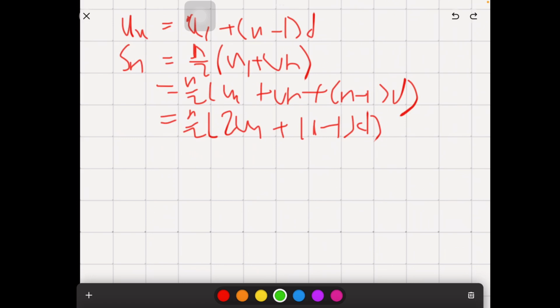So first, let's sub in the value of n equals 8 everywhere. So U8 is equal to U1 plus (n minus 1)d. So n is 8, therefore n minus 1 should be 7, 7d. And for S8, this is equal to n over 2, so 8 over 2 is 4, times (U1 plus U8).